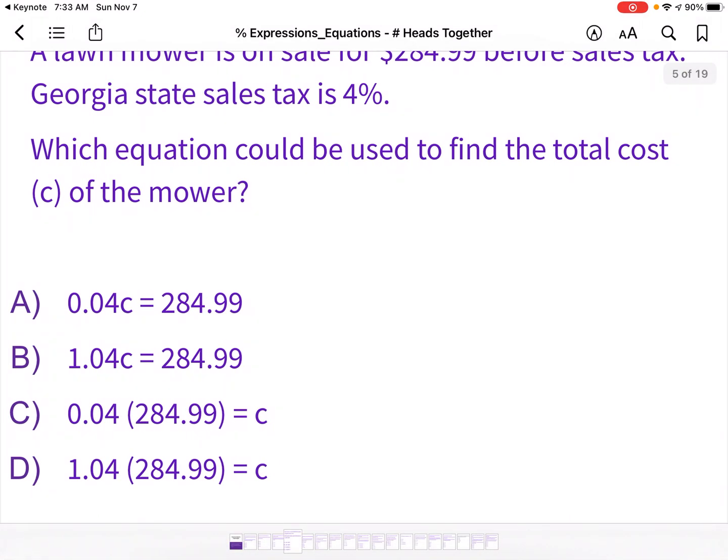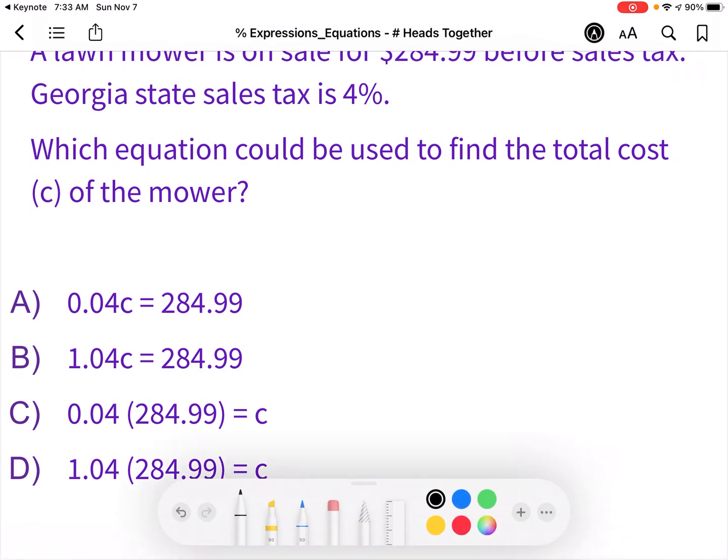A lawnmower is on sale for $284.99. Georgia has a state tax of 4%. Which equation could be used to find the total cost of the mower? Okay, so I know that this is the sale price, right? And we learned in class, or we're learning in class, that percent times the total gives us the sale price.